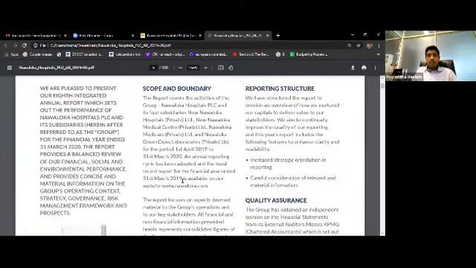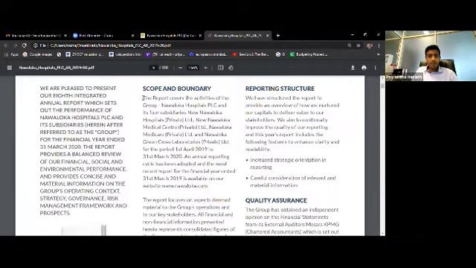Yeah. Scope and the boundary, right? The report covers the activities of the group Navaloka Hospital PLC and its 4 subsidiary companies.